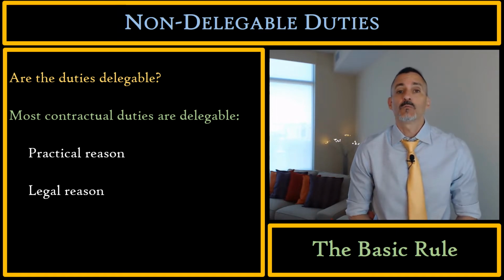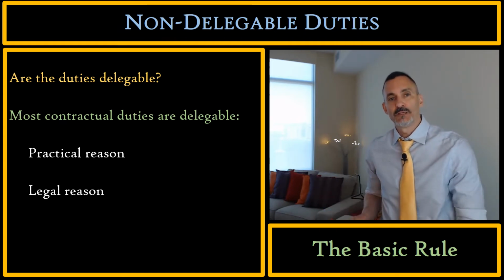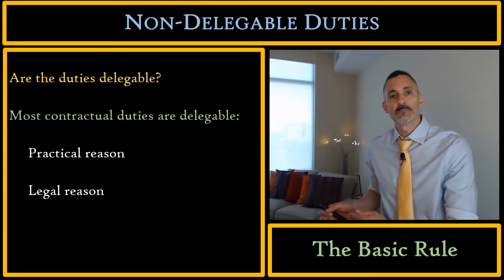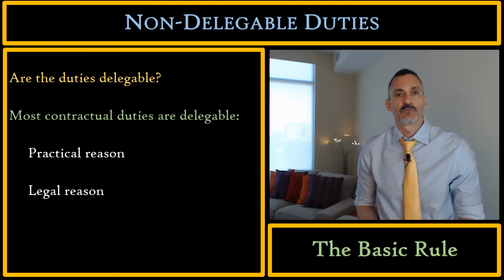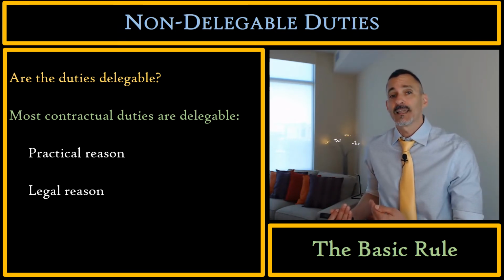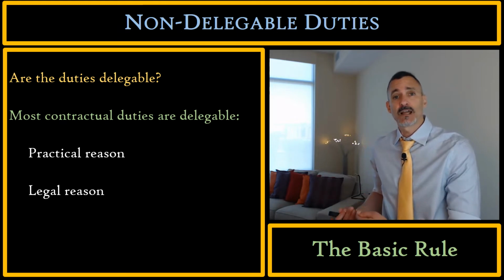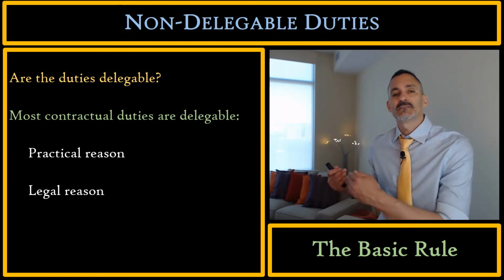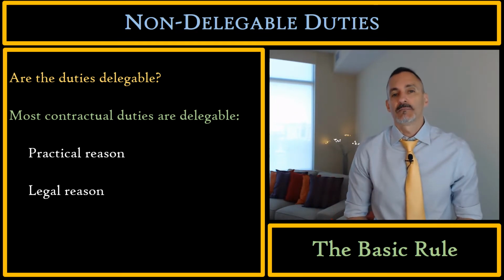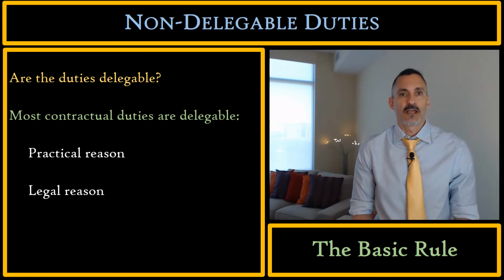What does that mean? It means that the obligor still has incentives to hire good people or subcontract out to good people and to monitor their performance. Because if I'm an obligor and I delegate my responsibilities under a contract to a delegatee, if that delegatee does not perform well, I am liable under the contract.